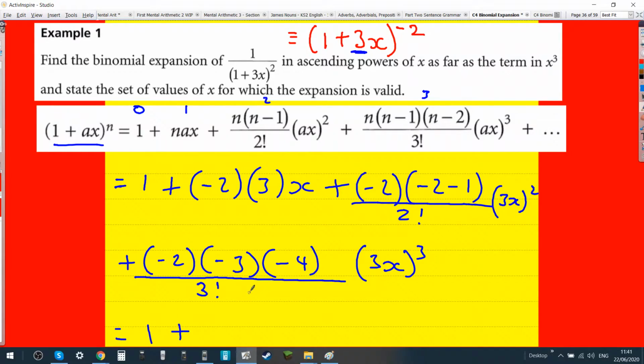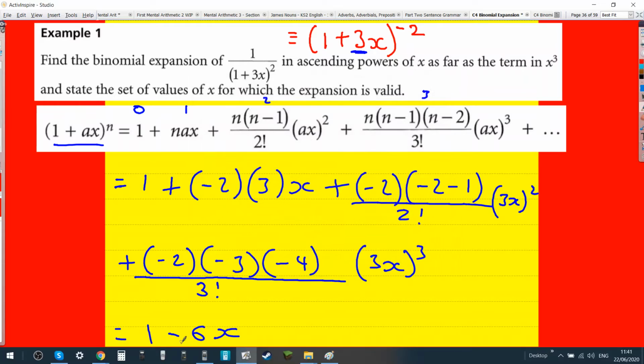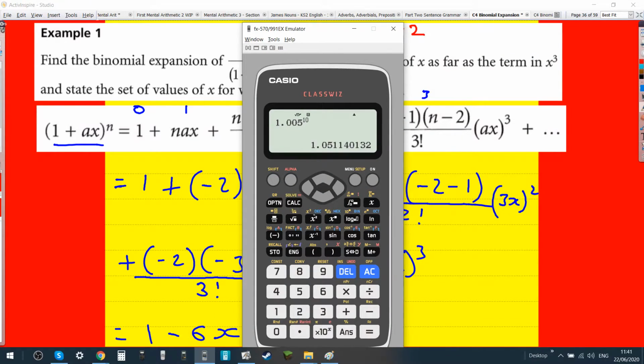Second term is -6x. Is there a factorial thing on my calculator? The normal one is shift and x to the -1, so 2 shift factorial.